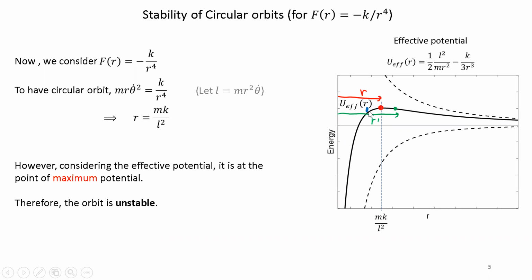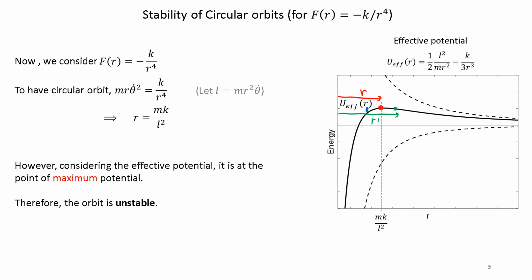So this particle will just keep going to smaller and smaller distance, and that is also an unstable orbit. So now you can see for 1 over r squared, we have a stable circular orbit, and for 1 over r to the 4th, we have an unstable circular orbit.